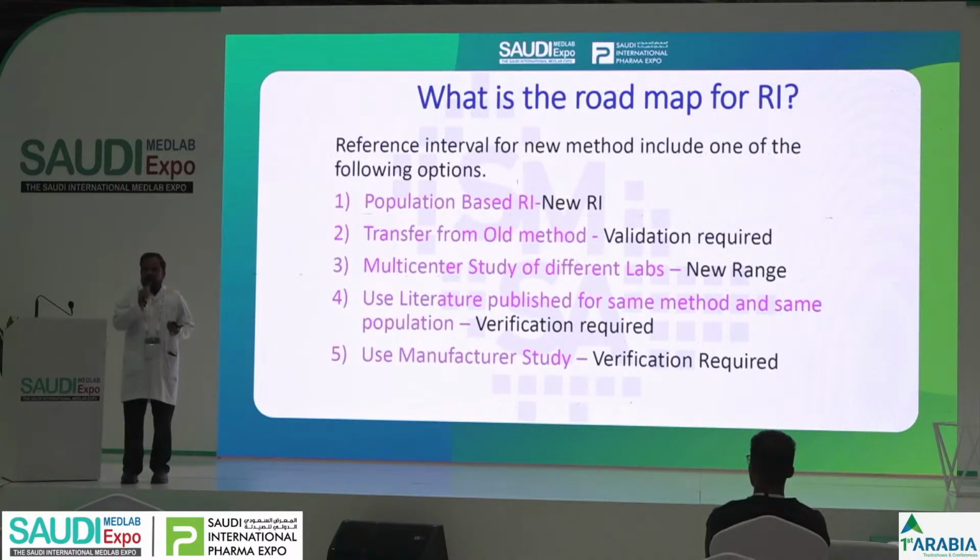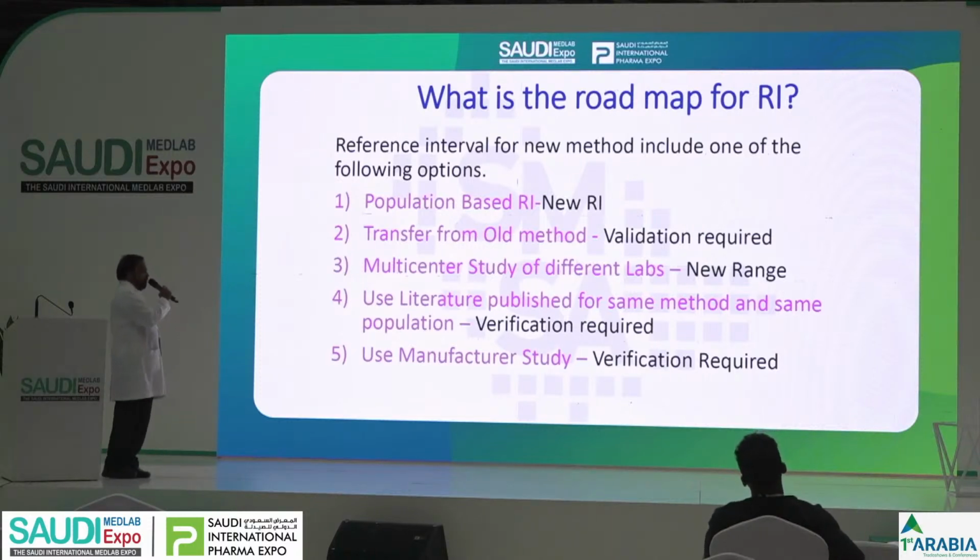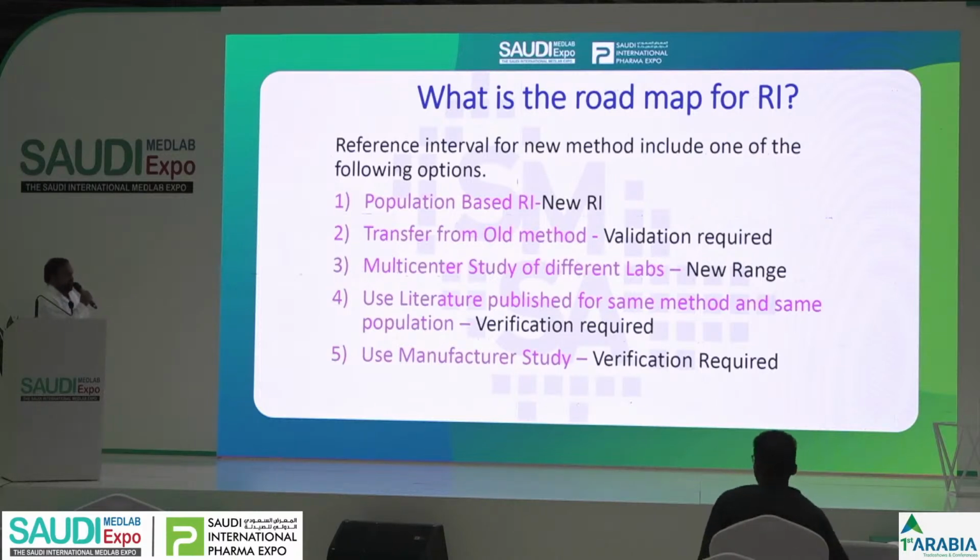So as a lab, when we have the method, how can I validate, what to do for the reference range, how can we establish it? There are different procedures. Either you establish the population-based reference interval, or transfer from the old method. There is a method already in use in the lab. You purchase the new analyzer, new technology, but the principle is the same.